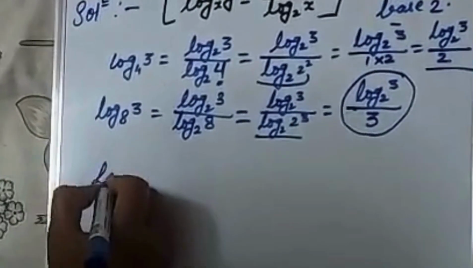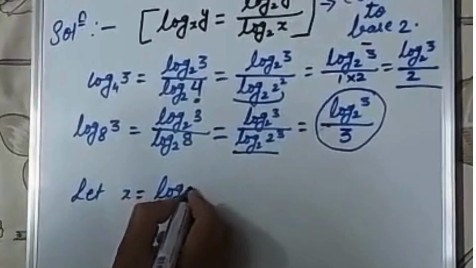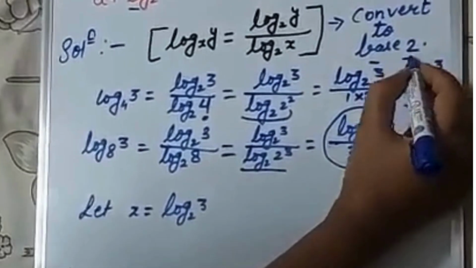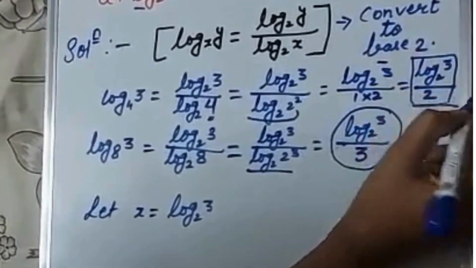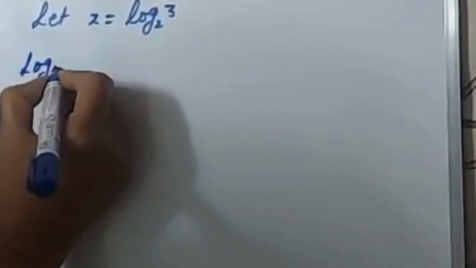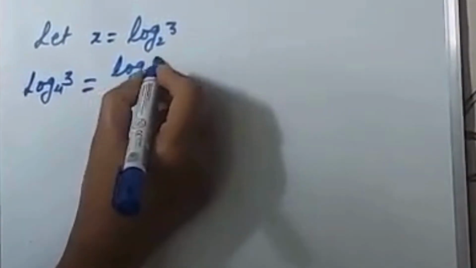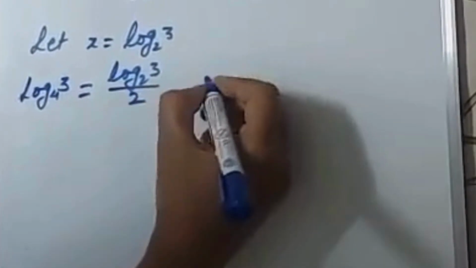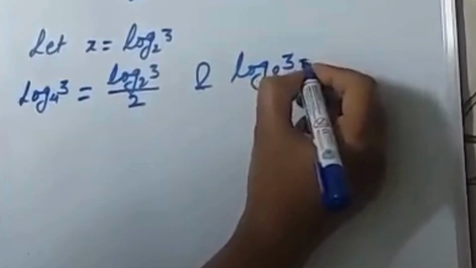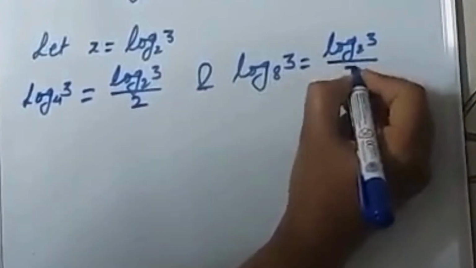Now, let us suppose x equals log base 2 of 3. So log base 4 of 3 we have got as log base 2 of 3 by 2, and log base 8 of 3 is log base 2 of 3 by 3.